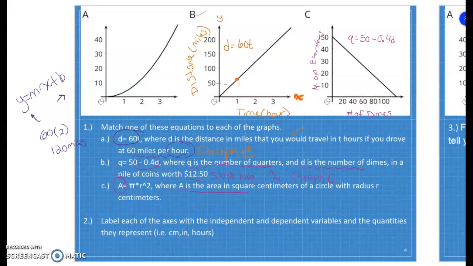So my y-axis is going to be labeled area, and the quantity it's represented in is centimeters squared. When we're dealing with area, area is always squared, and it tells us right here, squared centimeters. That means my x-axis is going to be labeled radius, which is also in centimeters.